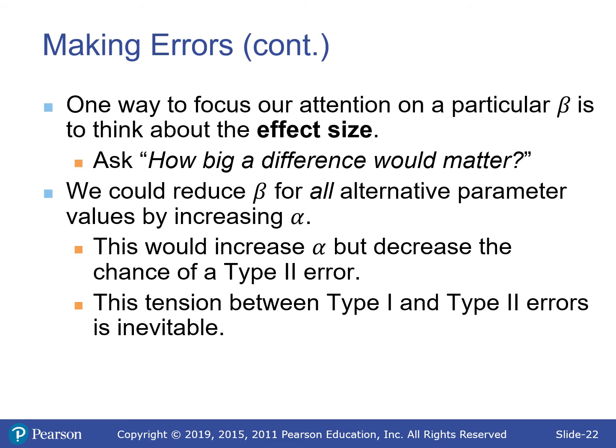We can reduce the beta for all of our alternative parameter values by increasing the alpha level. However, that would increase the chance of a type 1 error, but it would decrease the chance of a type 2 error. And so that happens. When one goes up, the other goes down. It's a natural thing. You cannot get rid of all the error.